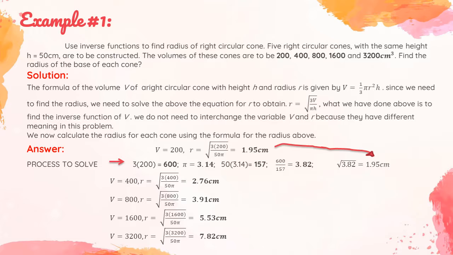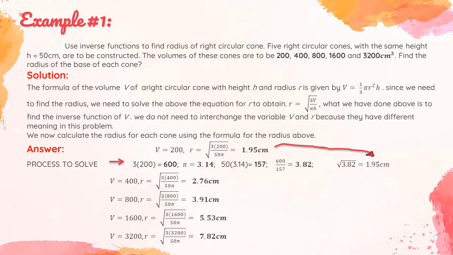So, let's answer, class. So, meron po tayong 5 volumes na nandito, which is yung 200, 400, 800, 1,600, and yung 3,200. So, ang hinahanap po natin dyan is yung radius.